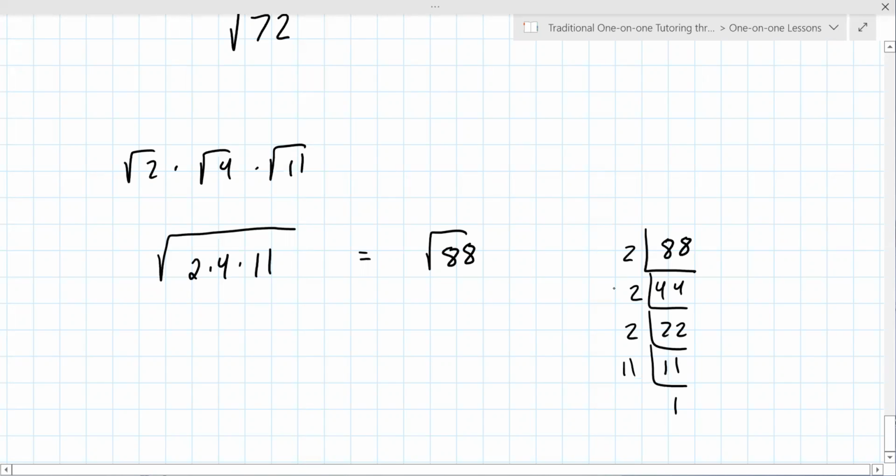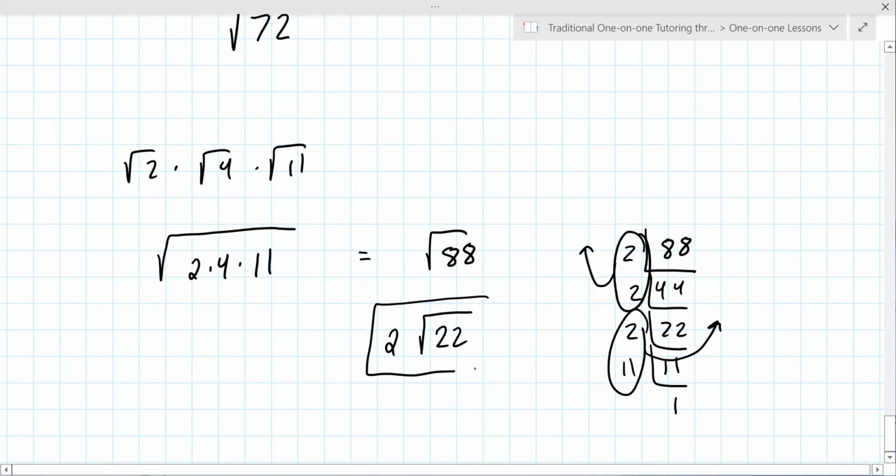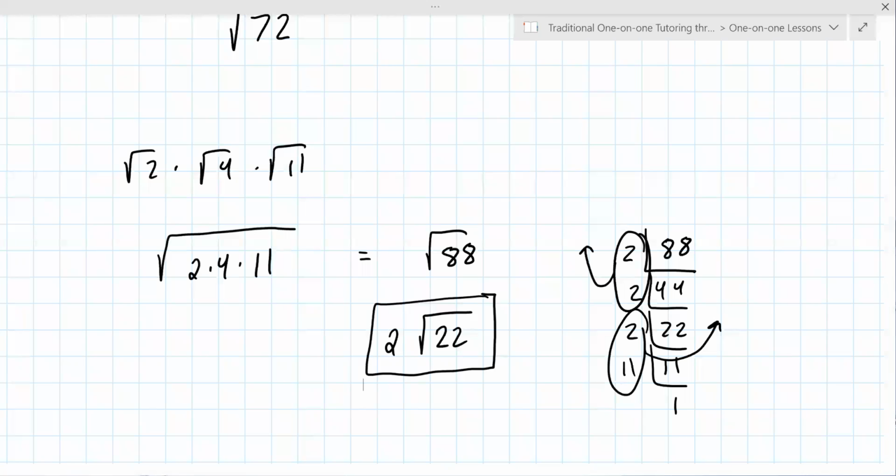You have to be able to reduce a root. You will be doing that in this math class and your next one and then the one after that. So here you can see that the 2 comes out. But the 2 and the 11 stay to the right. 2 square root of 22 is your final answer. Gotcha.